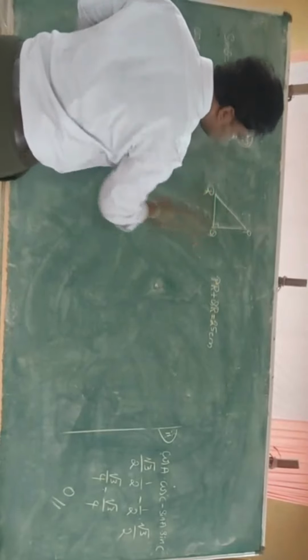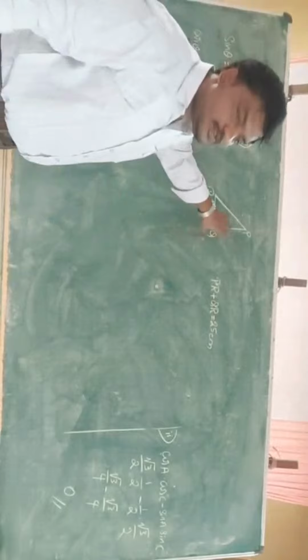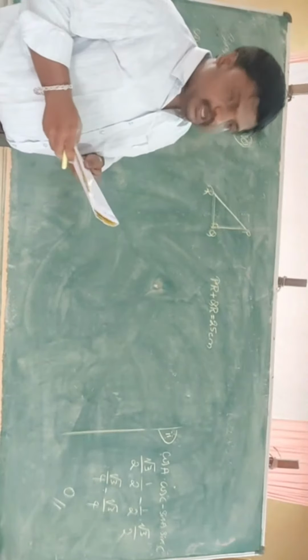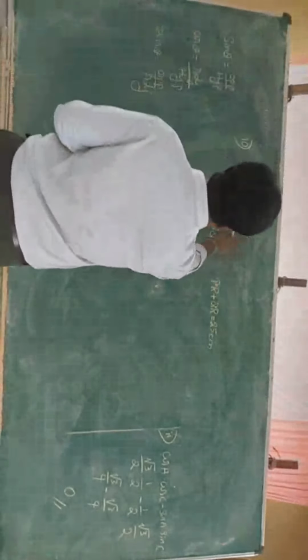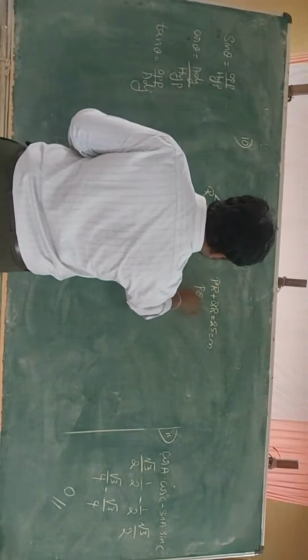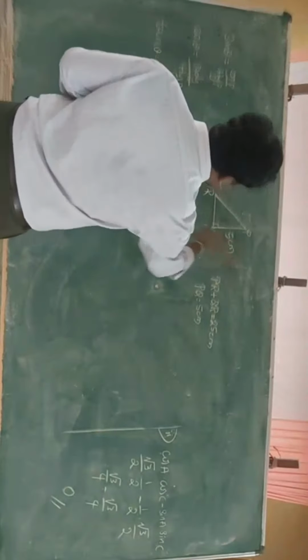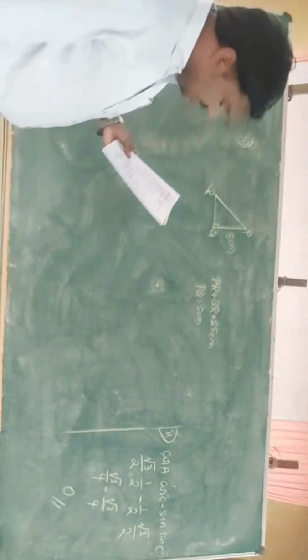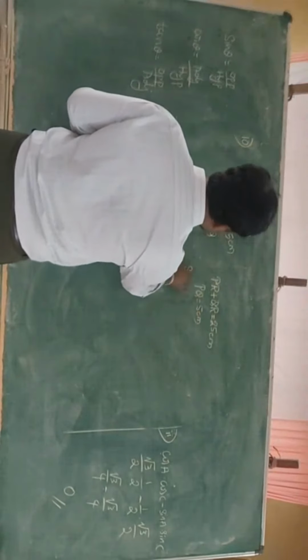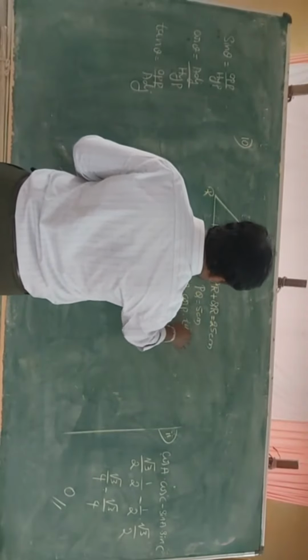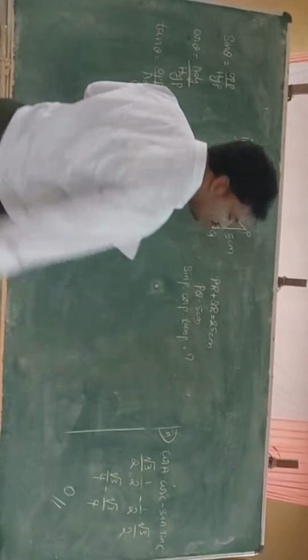And QR is adjacent. Hypotenuse plus adjacent is 25 centimeter. And PQ is 5 centimeter. Opposite is given. So height is given, that is 5 centimeter. Asked to calculate sin P, cos P and tan P.